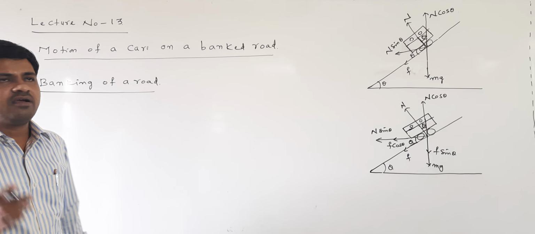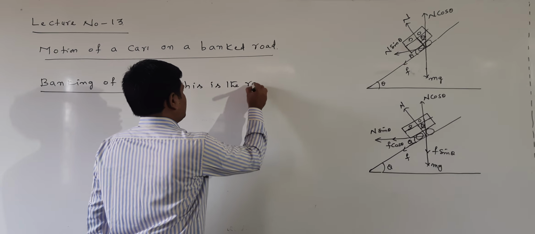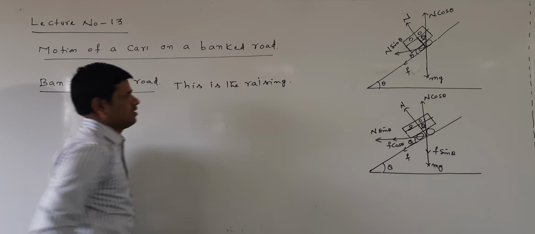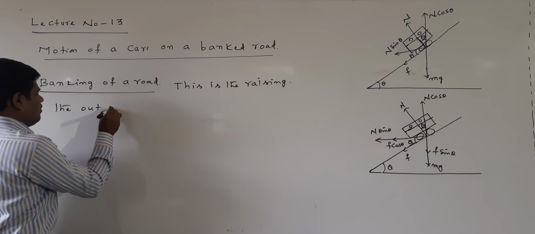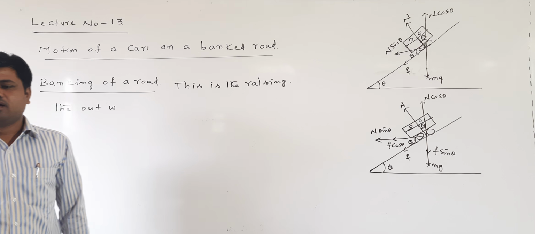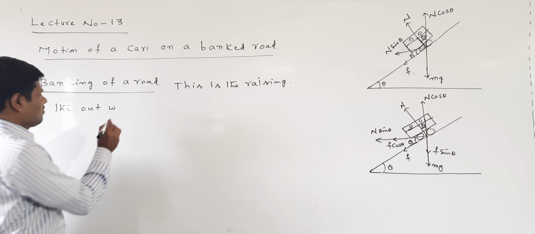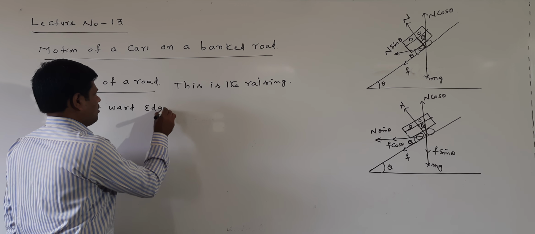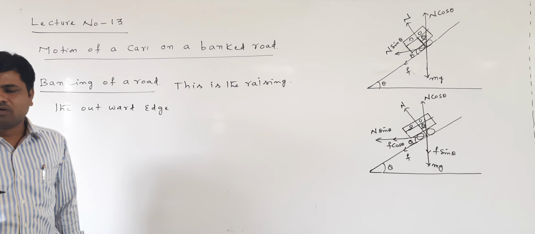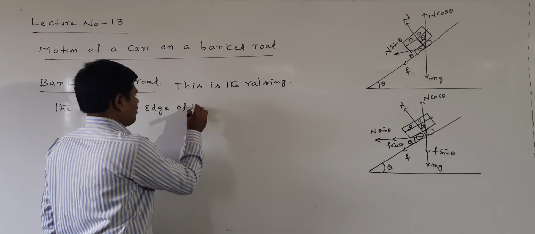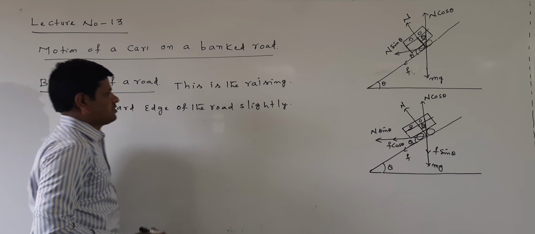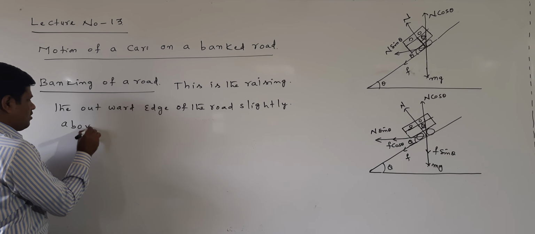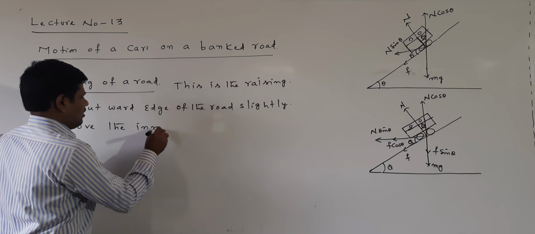What is the definition of the banking of the road? It is the rising of the outward edge of the road slightly above the inner edge of the road.